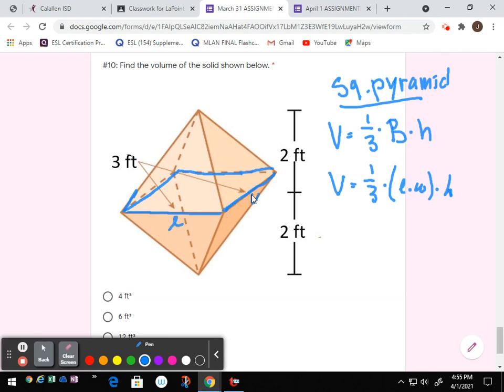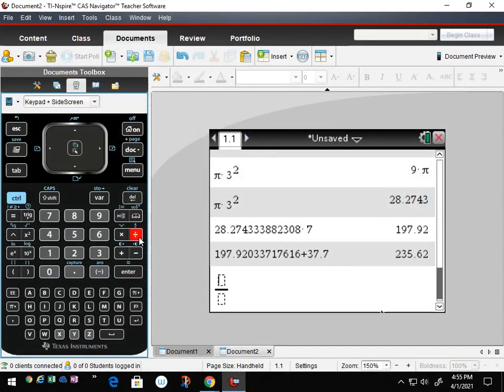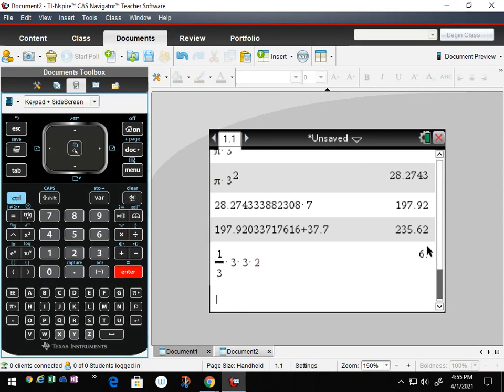The width is 3. And our height for our 3D shape, as we can see, if we go straight down to the center of our base, over here it says it's 2. All right. So let's rewrite it. We have 1/3 times 3 times 3 times 2. All right. When we hit enter, we see that it's 6.